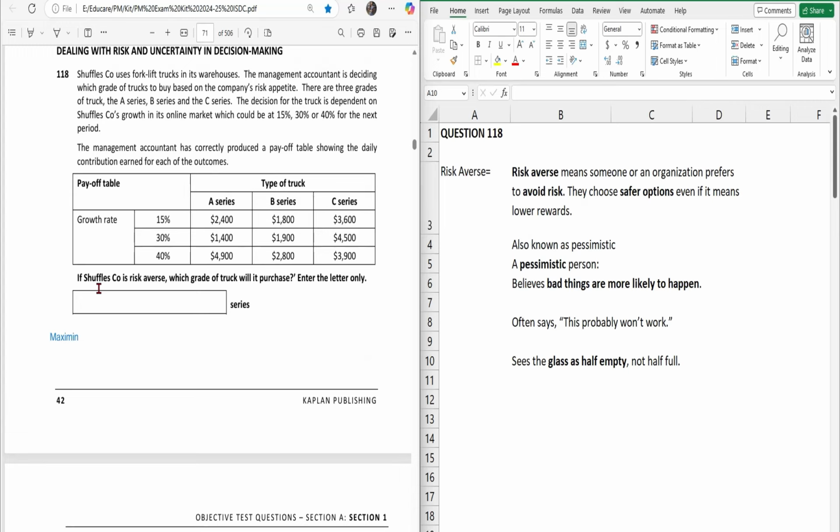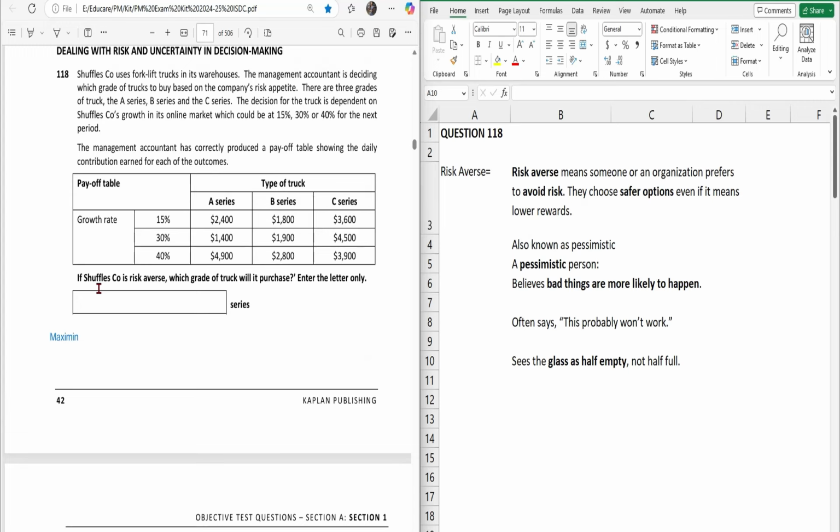They will always go for the safer option, even though that option will generate a lower return for the company. They will always choose the safer option because they don't want to take risks. So this kind of person or organization is known as risk averse.